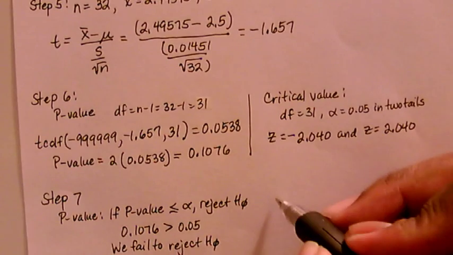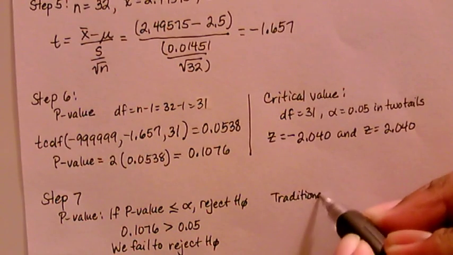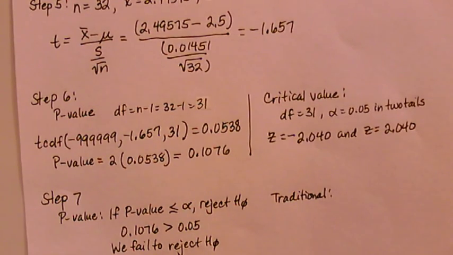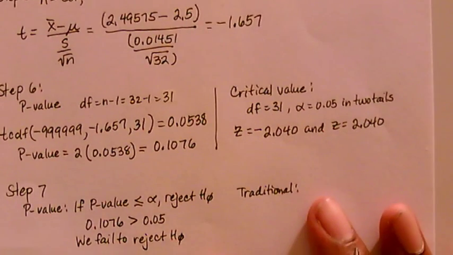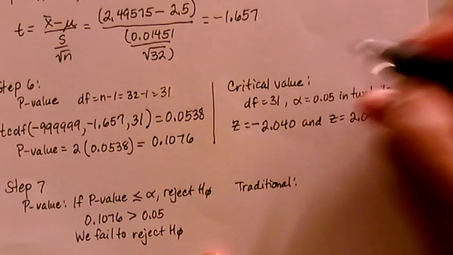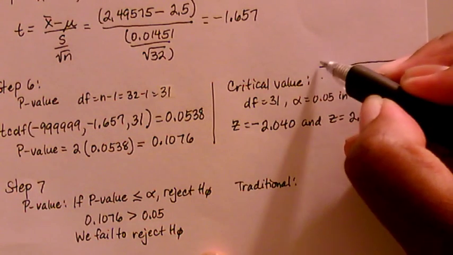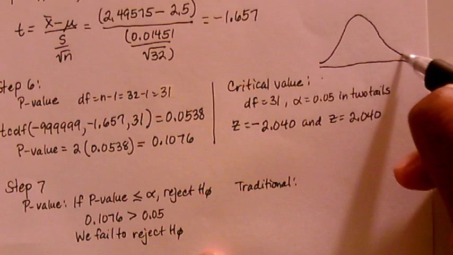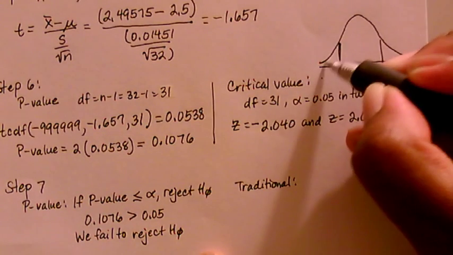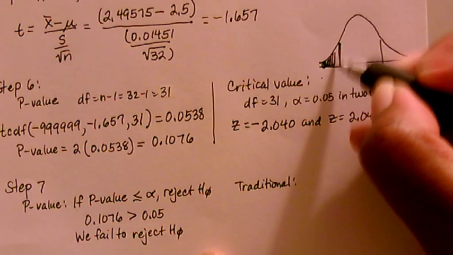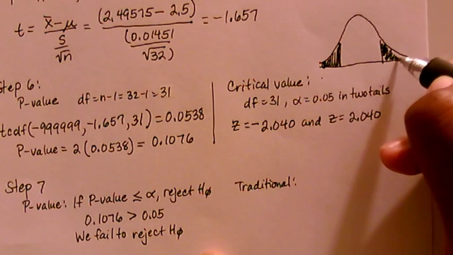Now, if you were to use the traditional method, then it might be much easier for you to draw the normal curve so you can see where your critical values are. Not equal to means it's a two-tailed test. So the area is going to be this critical region and this critical region here.